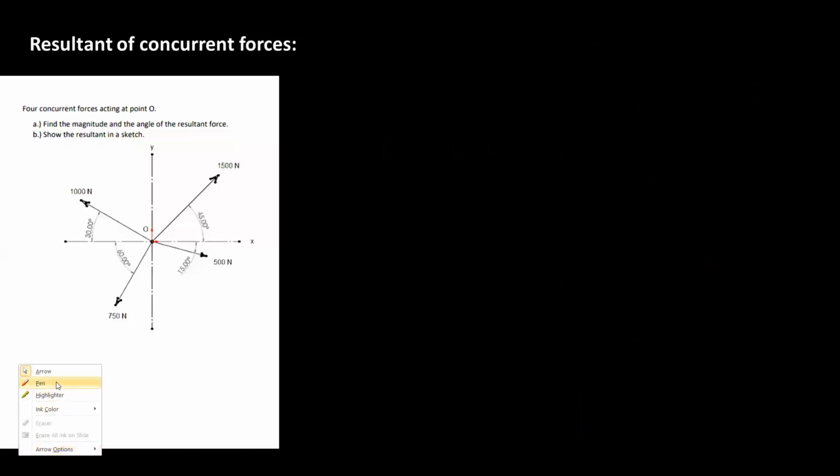So now we will solve one problem. You can note down this problem. In this problem, we have four forces. F1, which is 1500 Newton, is acting at 45 degree. Then F2, 1000 Newton at 30 degree with respect to the negative x-axis.